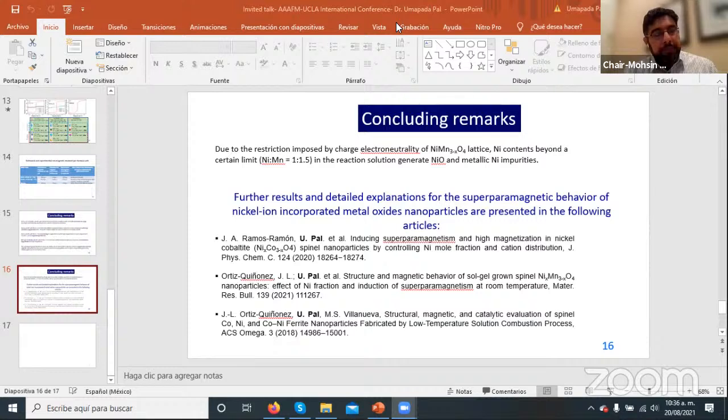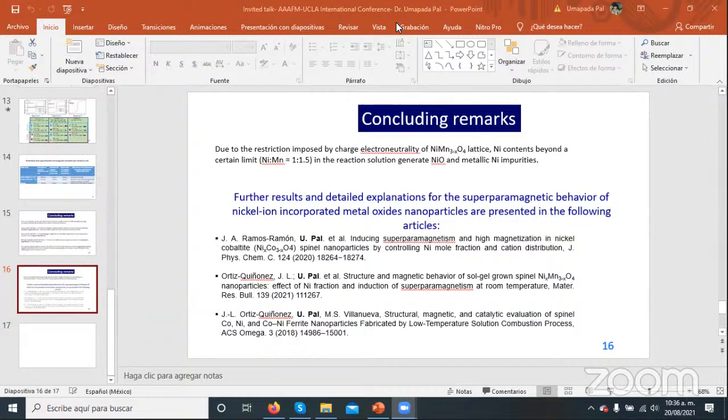what is your anticipated future application for these spinel nanostructures, where you are targeting? In my introduction, I didn't tell all those things, but in our laboratory, we prepare all types of nanomaterials. Not only magnetic nanomaterials, we also work on plasmonics and semiconductor materials.